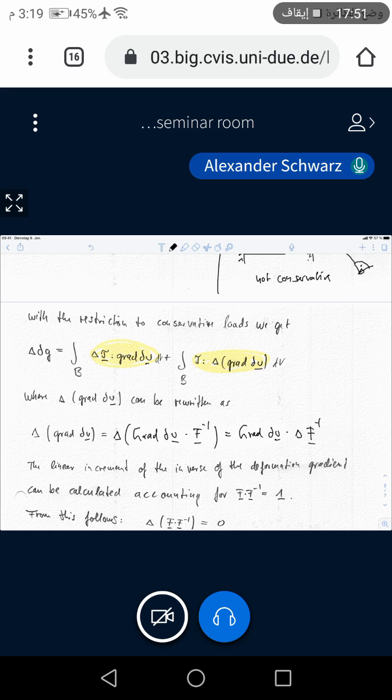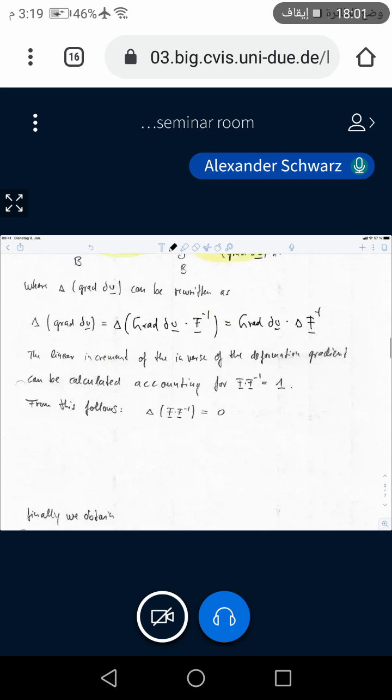And of course, I hope all of you know that this is equal to 1, the identity tensor. And if I make a linearization of this expression, the linearization of the identity tensor is obviously equal to 0. That means here I see delta F applied on F to the -1 is equal to 0.